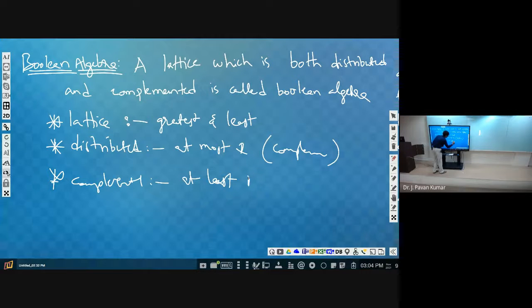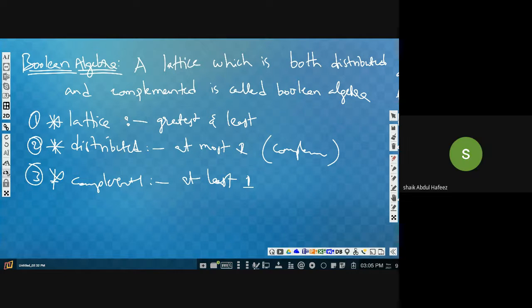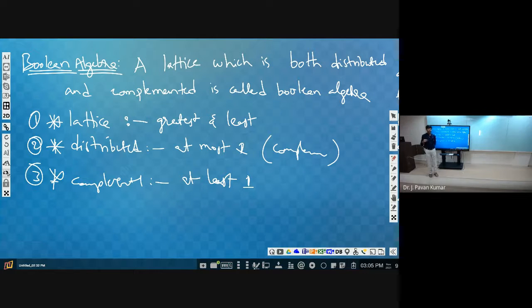So, if a lattice satisfies all these three, then, a lattice is nothing but a relation, one which satisfies certain properties. Is a lattice a relation or not? Yes, sir. How have we traveled starting from relation?